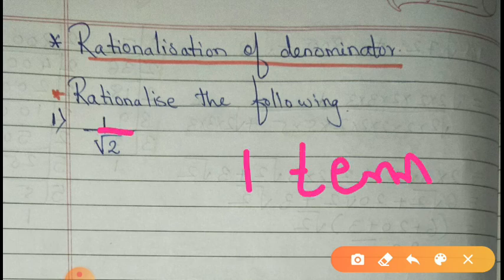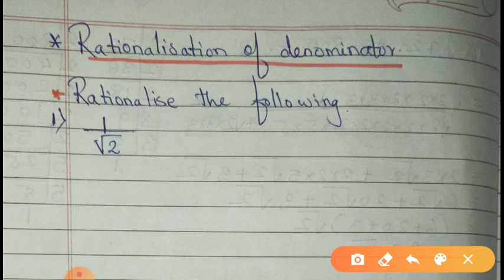Okay, so whether root 2 is a monomial? Yes. So whenever you have at the denominator an irrational monomial, then whatever that irrational number you have, with that number I have to multiply numerator as well as denominator.